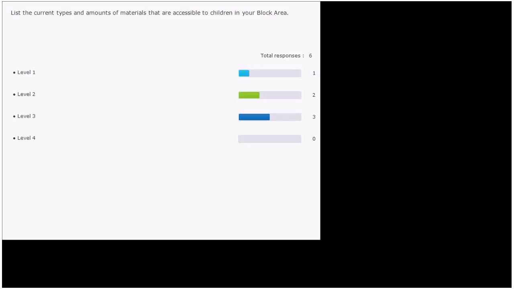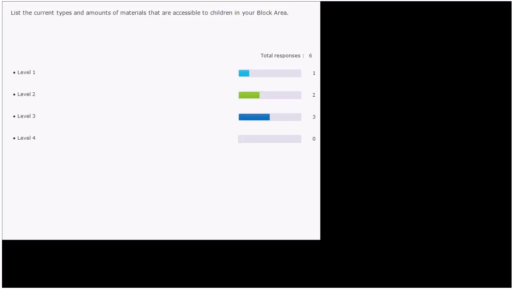And then after training, maybe about 3 weeks after, you would go back and say, list the current types and amounts of materials, because what are you measuring here? Pre and post, and what kinds of materials they are making available to children, because those increased and better materials should eventually have an impact on the children.